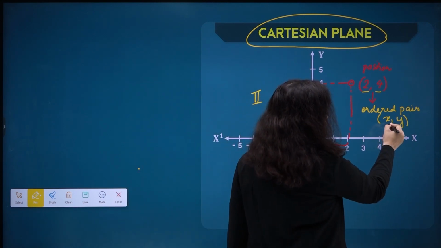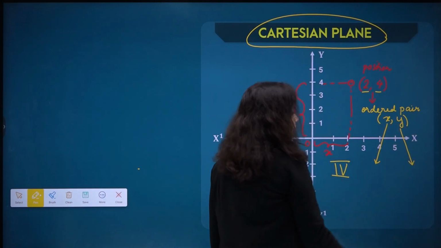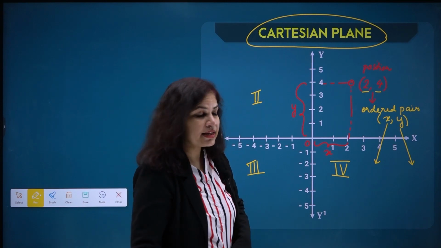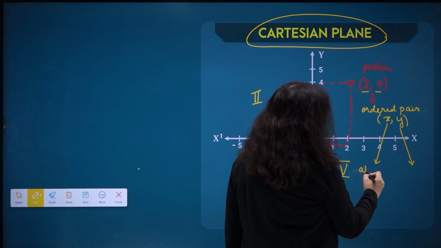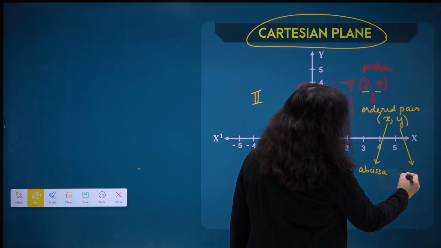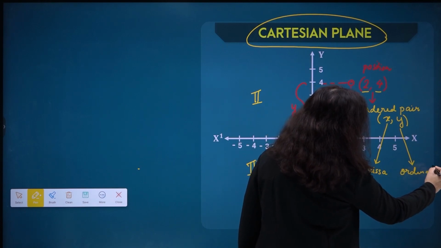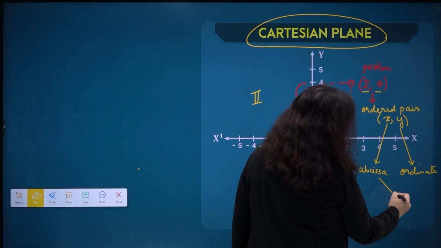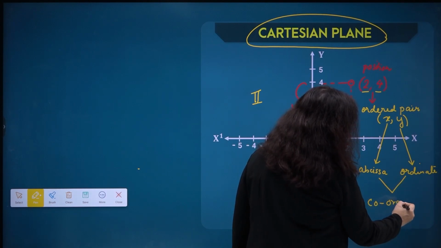Now what do we call this value of x technically and the value of y technically? Technically, x is referred to as abscissa and y is known as ordinate, and together they are known as coordinates.